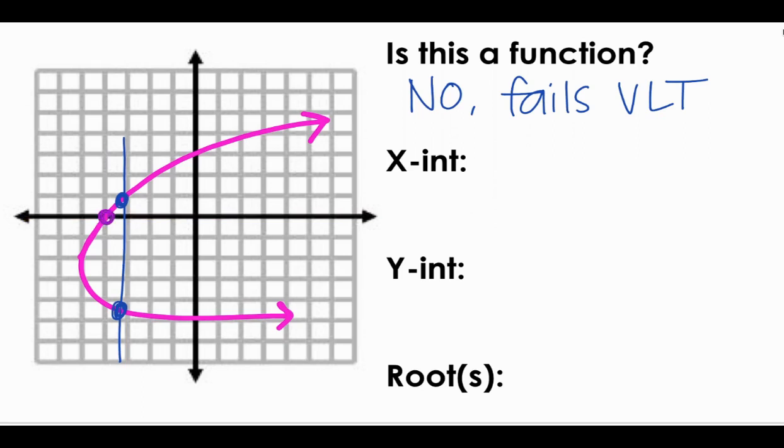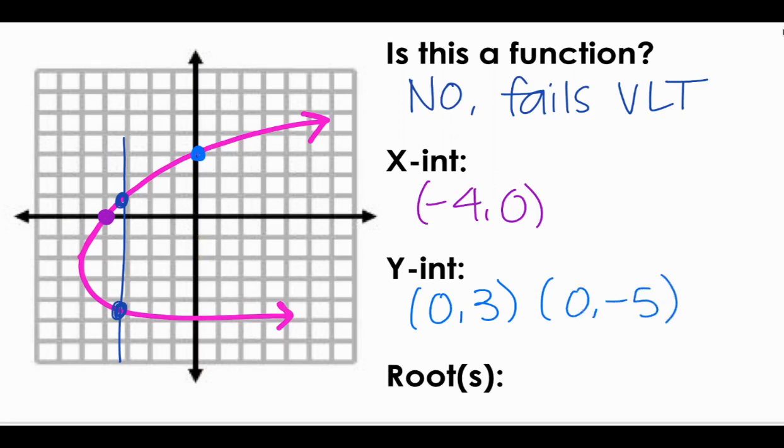I have 1 right here, and that's going to be at -4, 0. My y-intercepts are going to be on my y-axis. They have 1 right here at 0, 3. My other one down here at 0, -5.